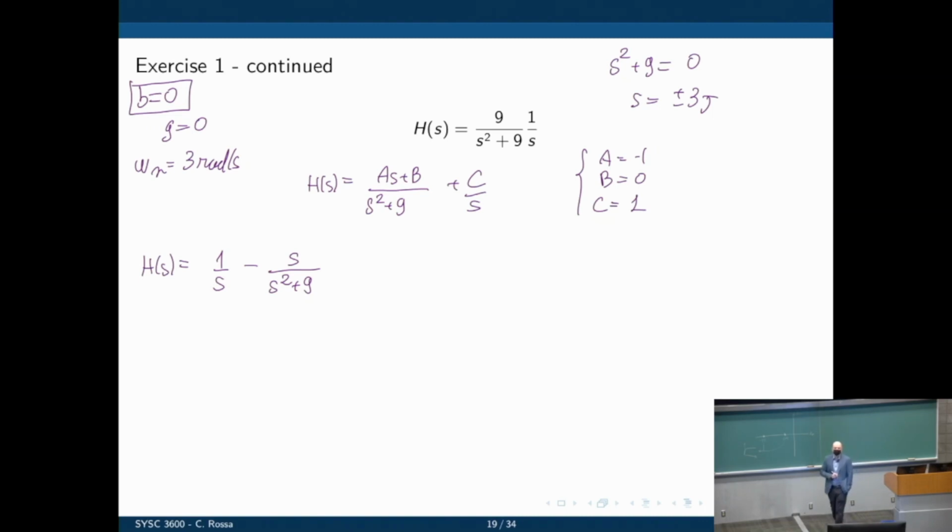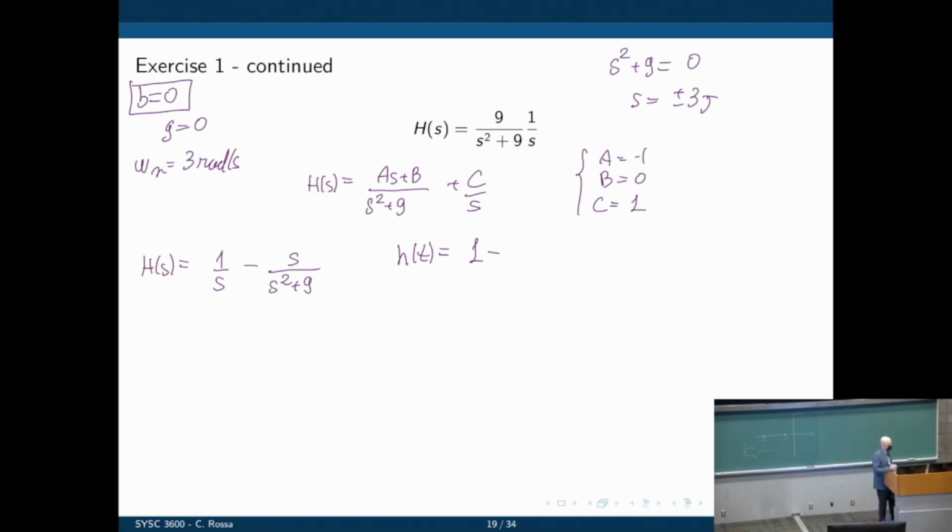What is the inverse Laplace? H of t is 1 minus, sine or cosine? Back to lecture 5.